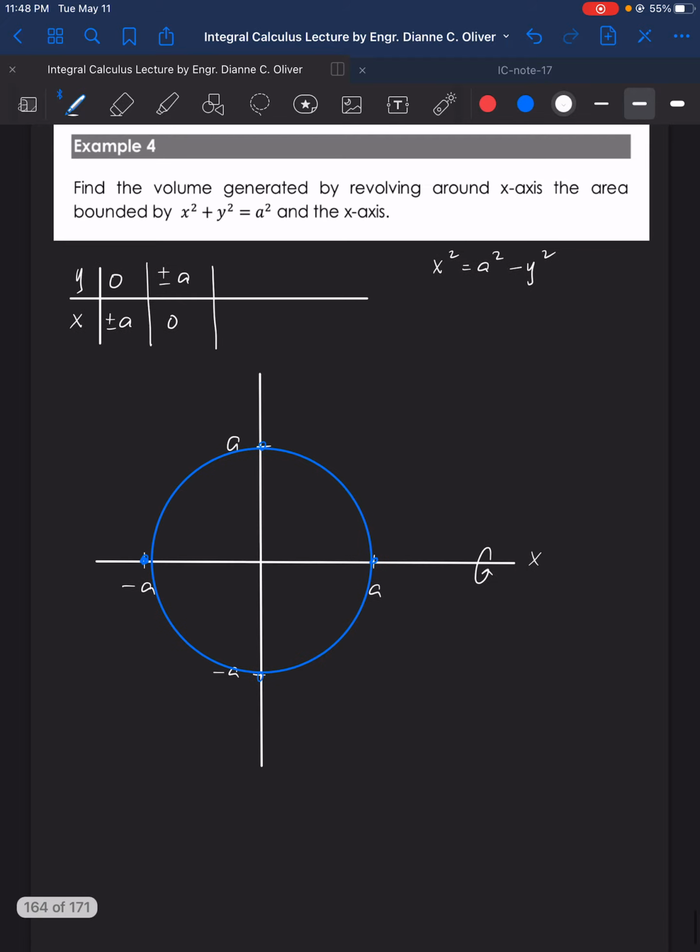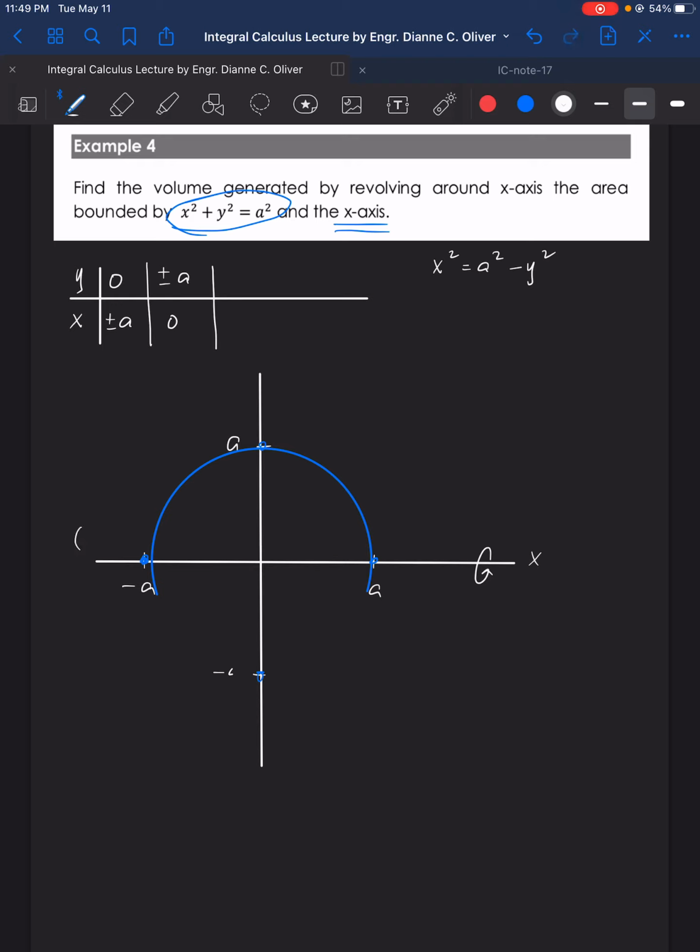We are concentrating on the volume generated around the x-axis, bounded by this curve and the x-axis. That means the area that we are considering is half of the circle.